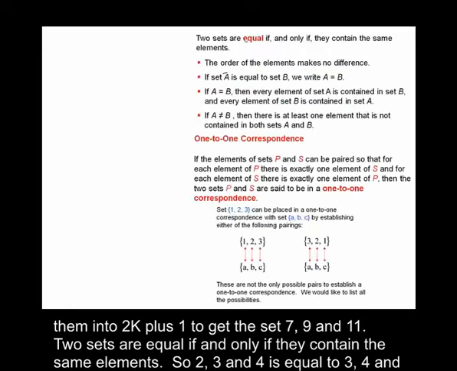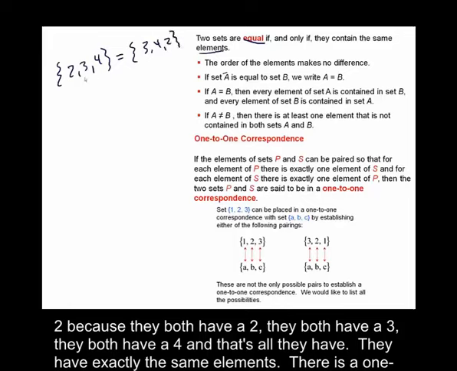Two sets are equal if and only if they contain the same elements. So {2, 3, 4} is equal to {3, 4, 2} because they both have a 2, they both have a 3, they both have a 4, and that's all they have. They have exactly the same elements.